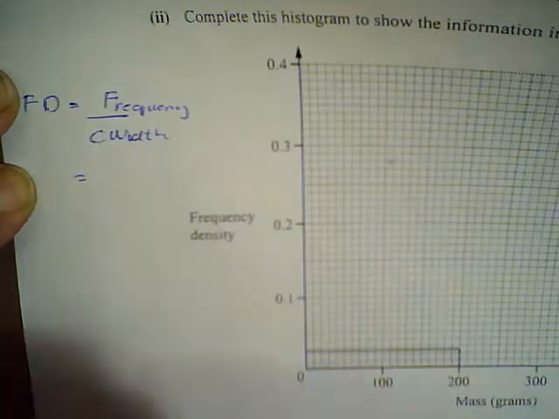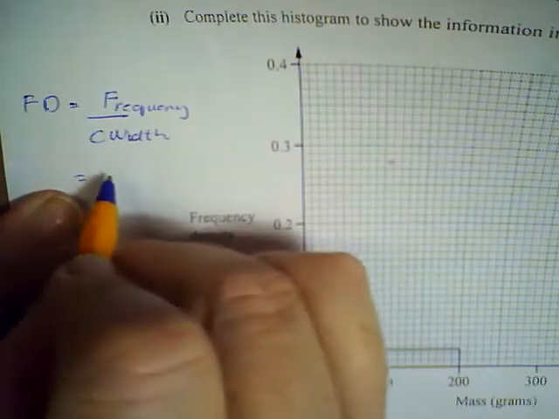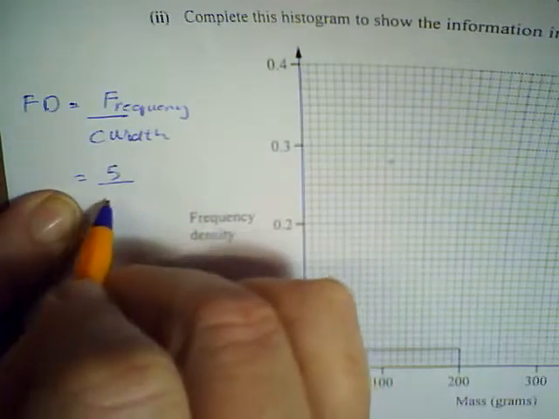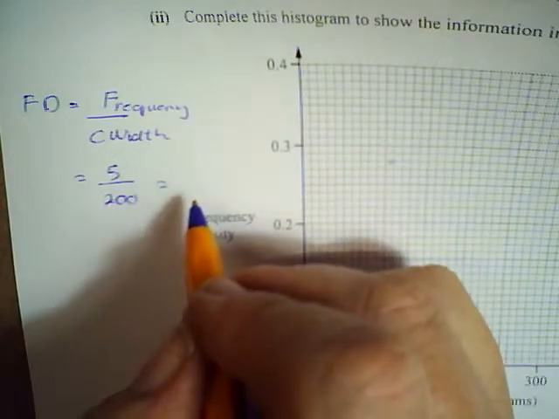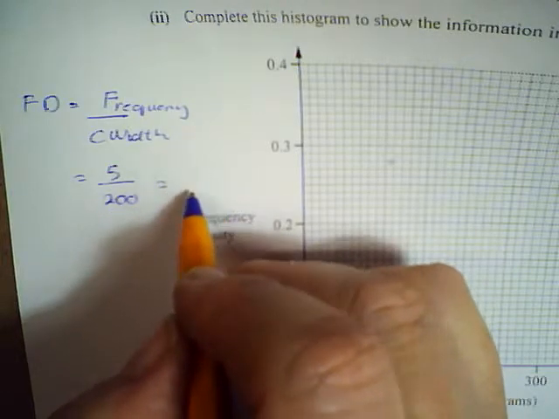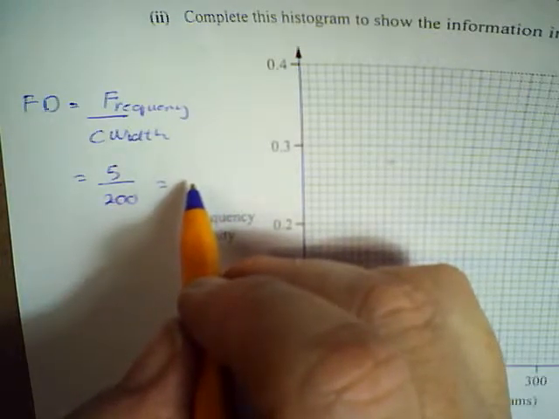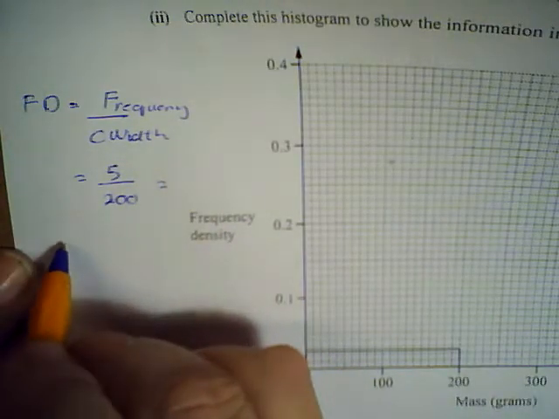Okay, so what is my frequency? My frequency for my first one is 5 over my class width, that is 200, and I get an answer of... I haven't done that one. Okay, that was already done for us. Let's quickly do the next one.